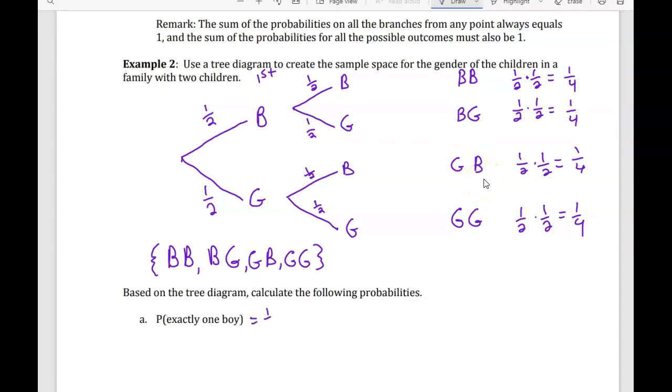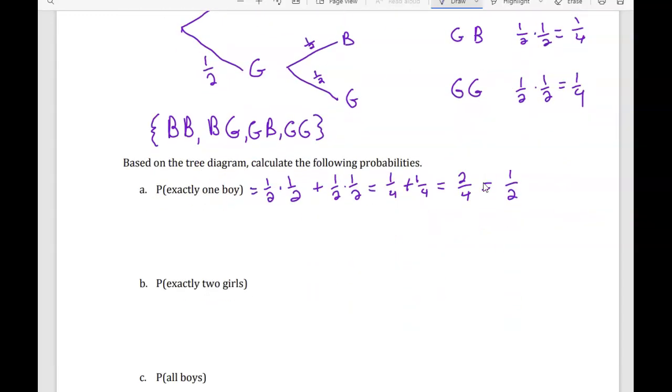That's like taking 1/2 times 1/2, and adding it to 1/2 times 1/2, which would be 1/4 plus 1/4, which would give us 2/4, the same thing as 1/2 of the time. Because if you notice, that's 2 out of the 4 times, so that's half of the time.